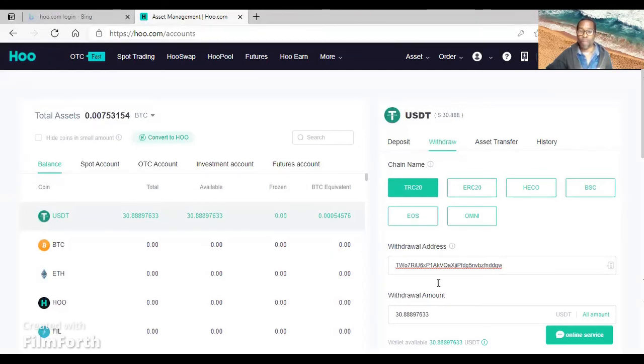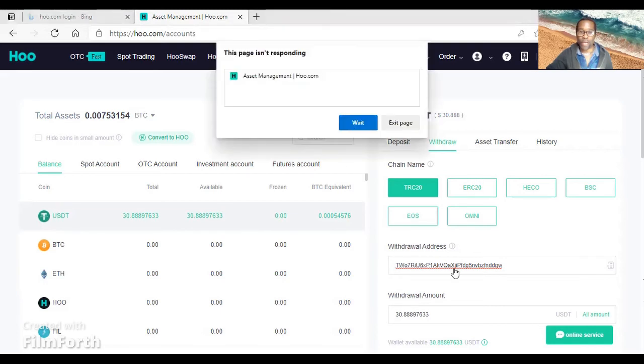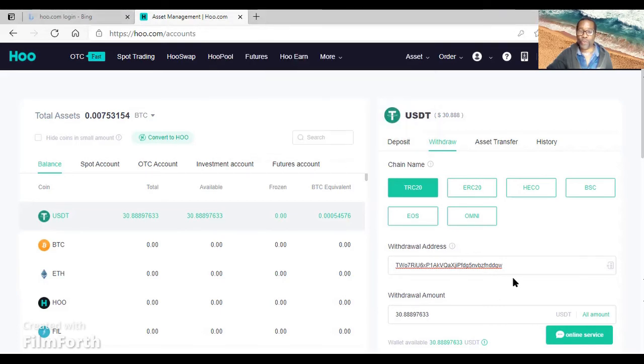Remember, if you look closely, while we were at Binance, it made it clear: make sure you only deposit USDT to this address. You have to remember that, because any mistake here can cost you your money.